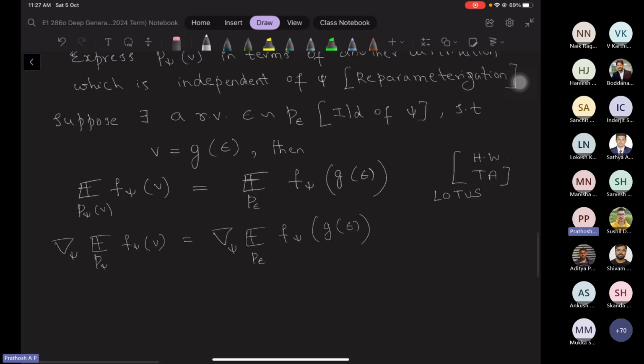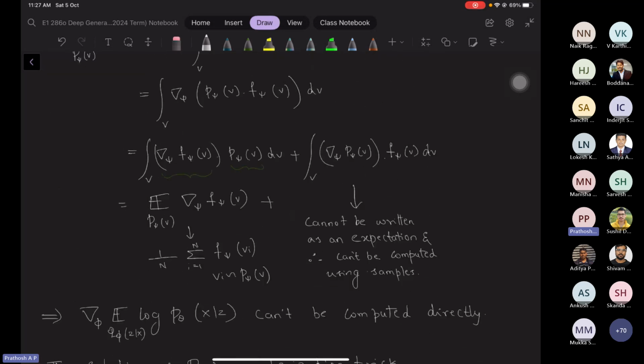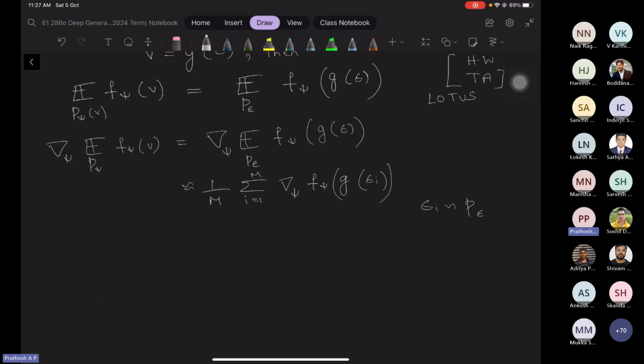So this is approximately equal to taking m samples of epsilon, summing i equal to 1 to m the gradient of f psi of g of epsilon i, where epsilon i is sampled from p epsilon. Now you will not have the uncomputable integral problem, because the expectation is not with respect to p psi, but with respect to p epsilon.